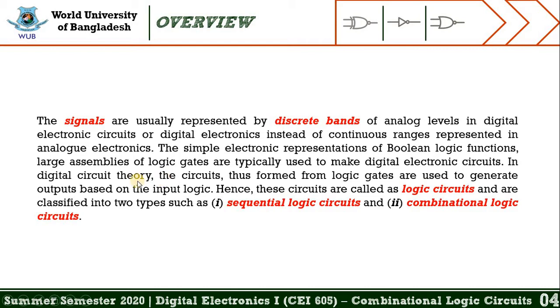In digital circuit theory, the circuits formed from logic gates are used to generate outputs based on the input logic. Hence, these circuits are called logic circuits and are classified into two types: sequential logic circuit and combinational logic circuit.